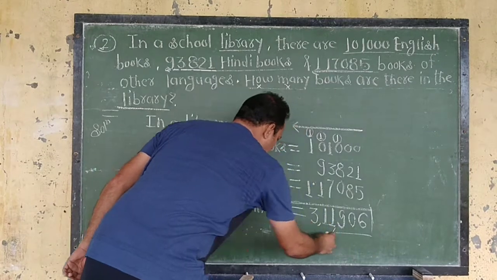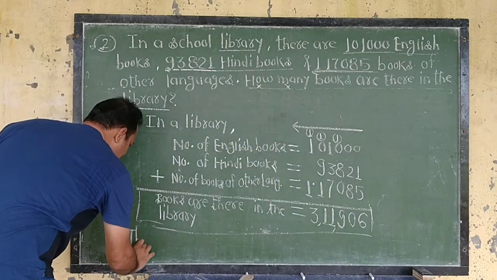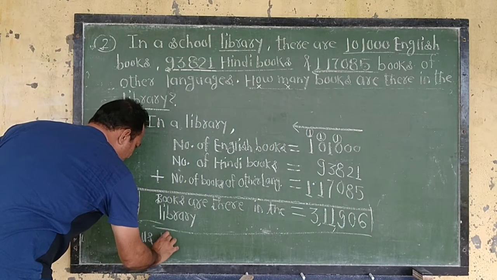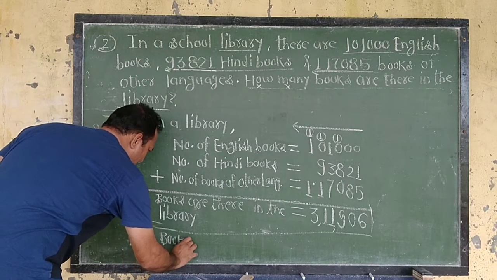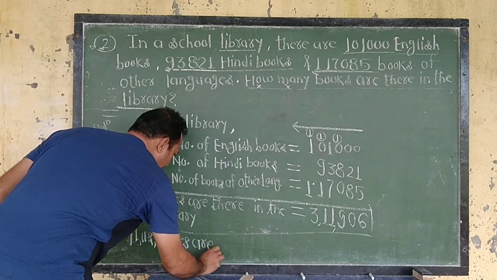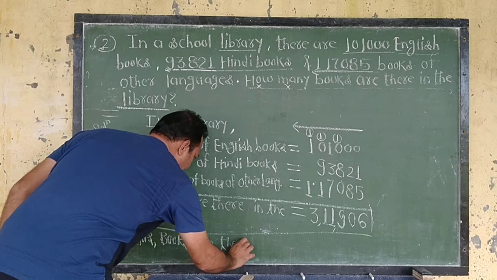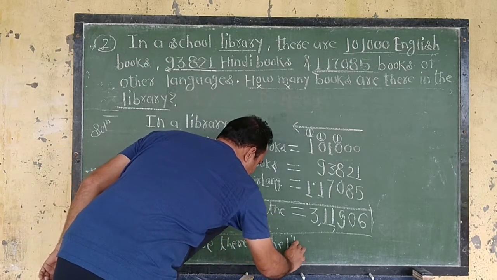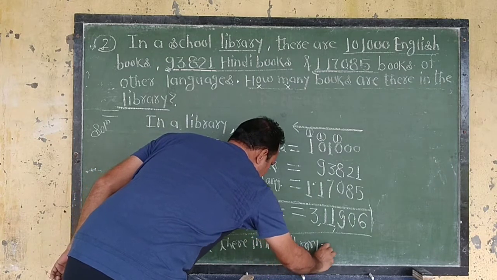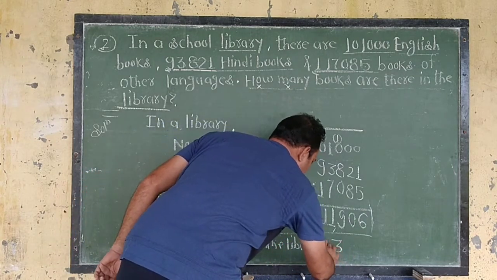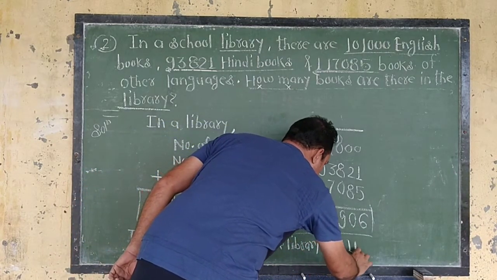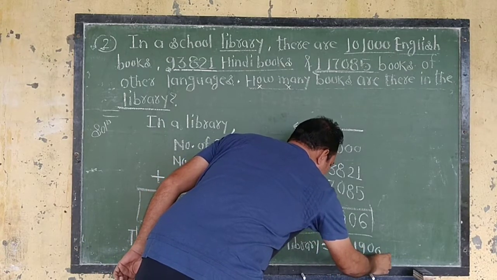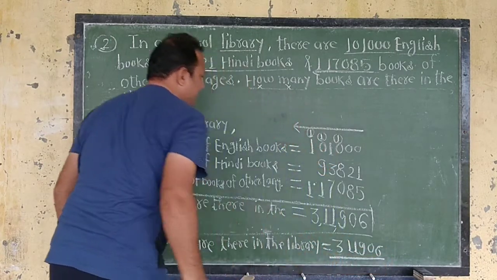Below that again write thus: books are there in the library is equal to 3,11,906. In this manner you have to solve.